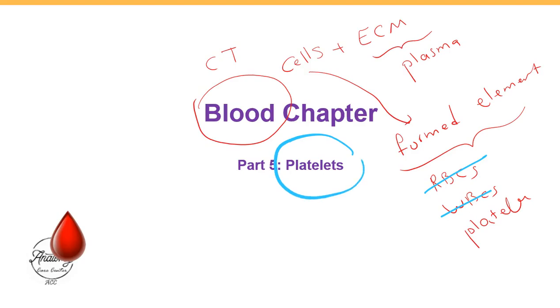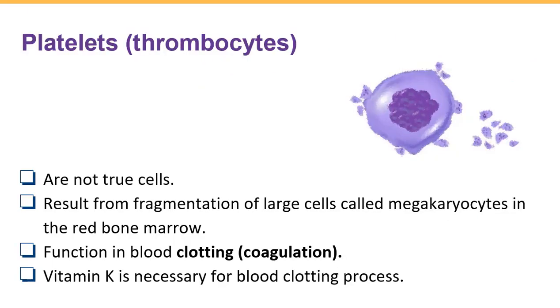Platelets are part of the formed elements, also called thrombocytes, and actually they are not true cells. They are pieces of a large cell called a megakaryocyte. Look at this huge cell. It has many nuclei.